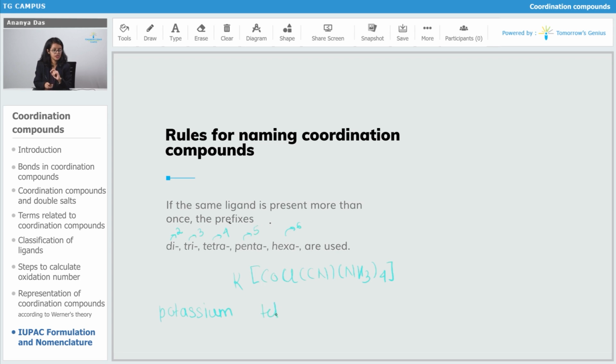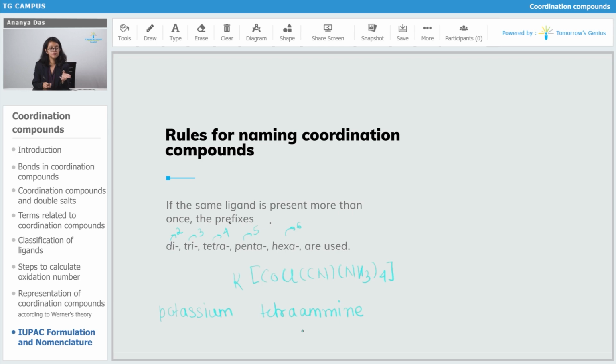So, tetraamine. And when you are writing tetra and amine, if your prefix ends with A and the name of the ligand also starts with A, then you do not omit any of the A's. Write both of the A's even if it gives you double A's.